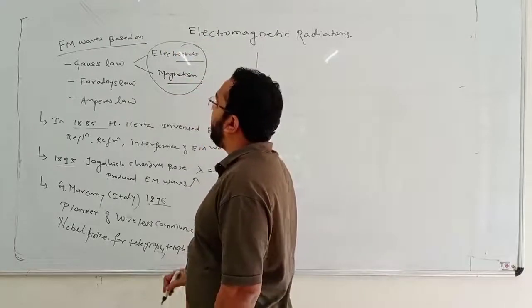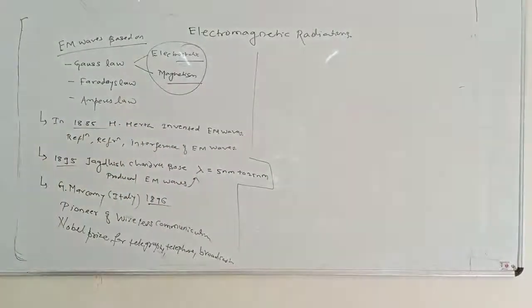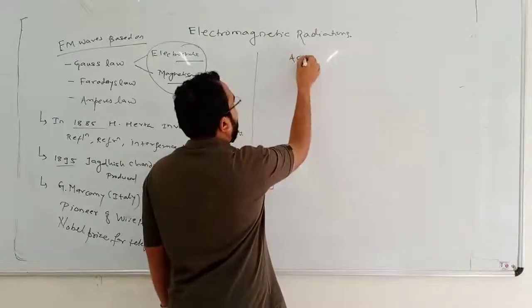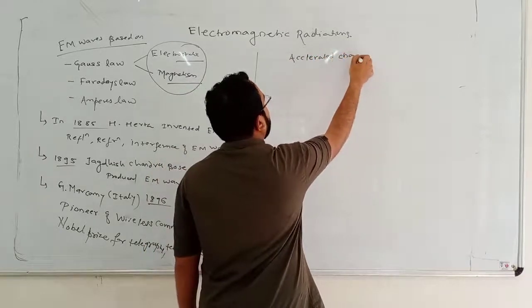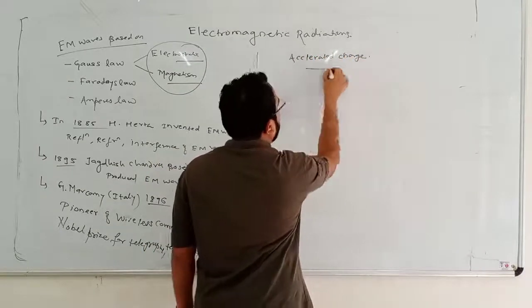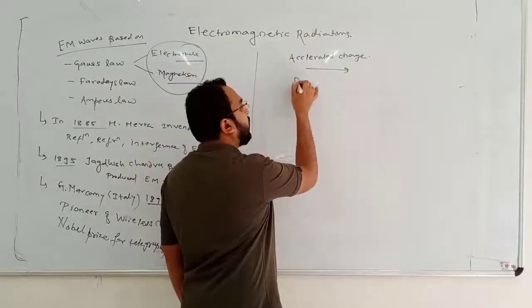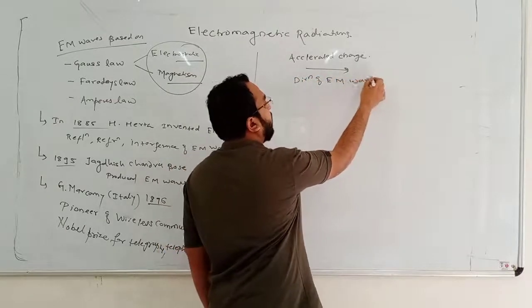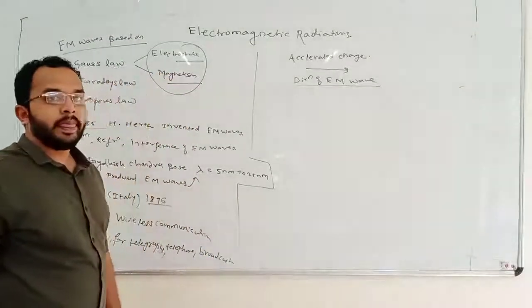Okay. Now we'll see the electromagnetic waves consist of electricity and magnetism. So if an accelerated charge is moving in this direction, that is the direction of the electromagnetic wave, in which the accelerating charge is going.